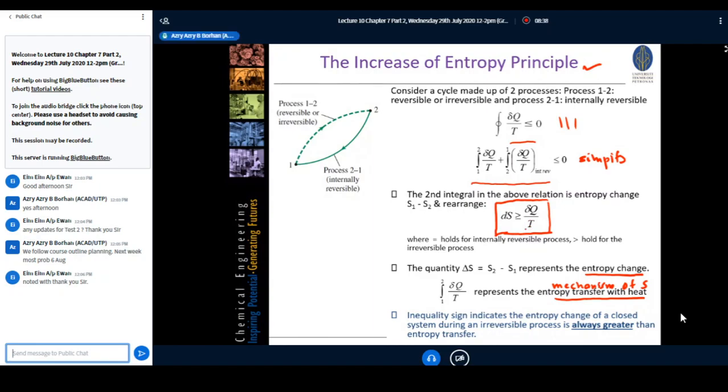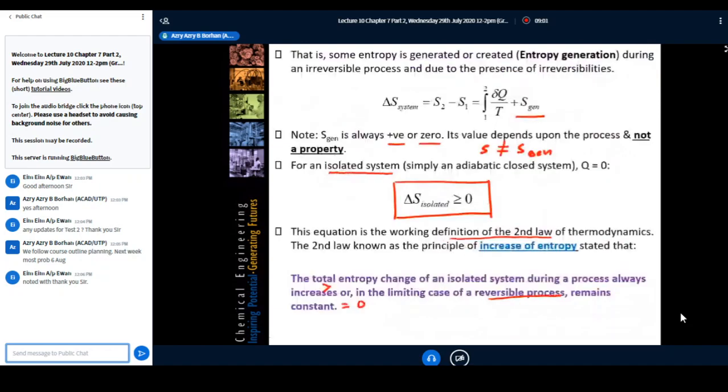From this inequality, it indicates that for a closed system during an irreversible process, the entropy change is always greater than the entropy transfer. That means some entropy is being generated or created during the irreversible process, and that entropy generated is called the entropy generation.